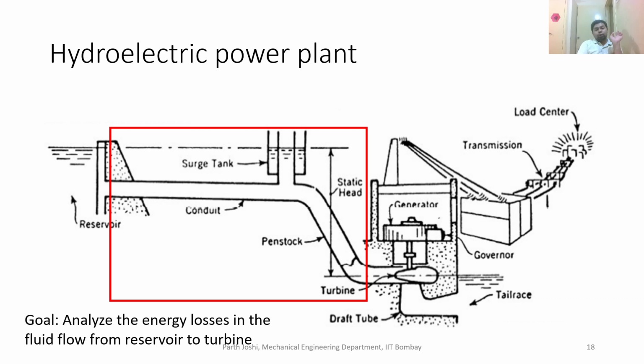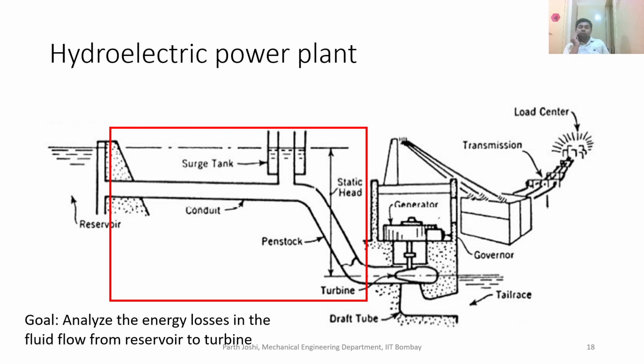If we are also interested in the energy losses inside the turbine, then we'll also have to include the turbine. But if you are just interested in up to the input of the turbine, this is where we will put the boundary.